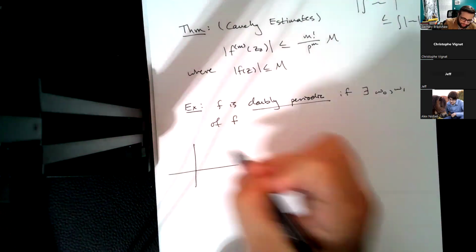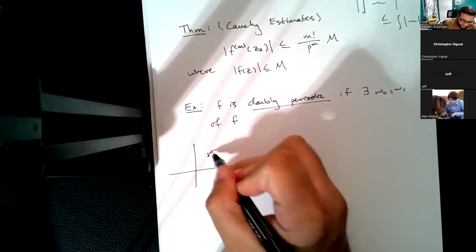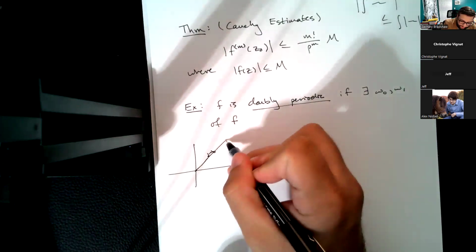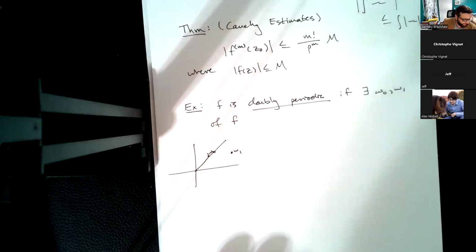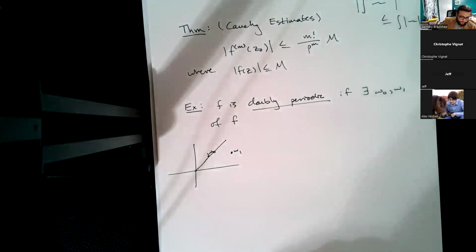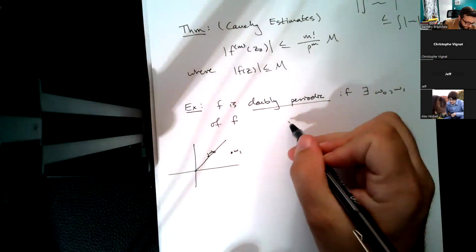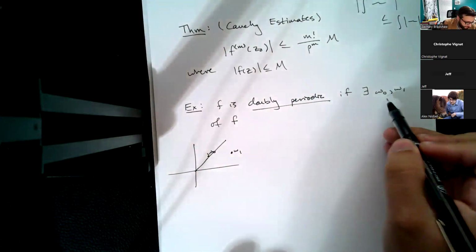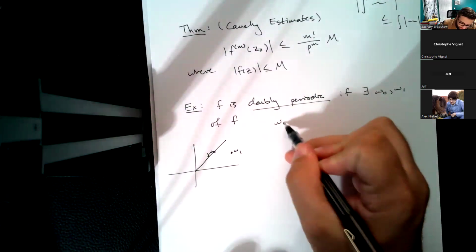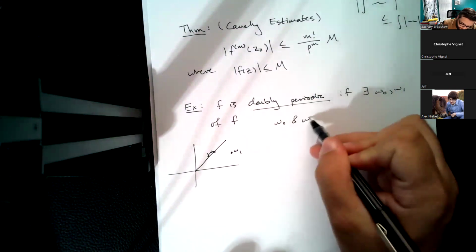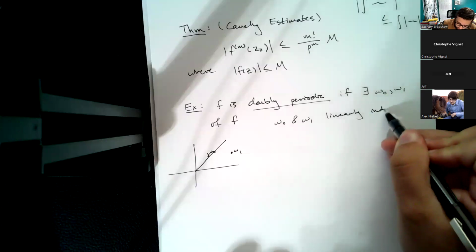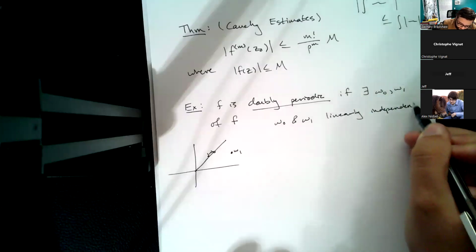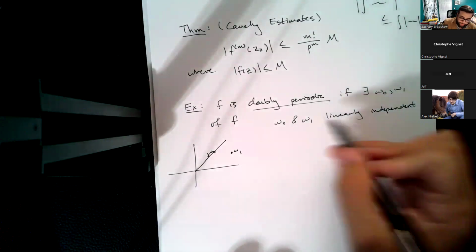So if this is w0, here's the line through the origin. We don't want w1 on this line, so we put it somewhere else. So in other words, we have a w0 and a w1 that are linearly independent, over the reals, I should say.